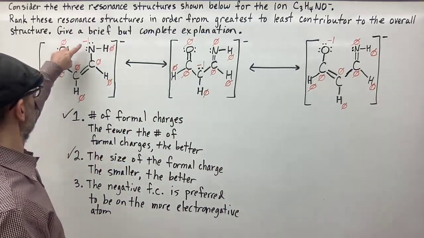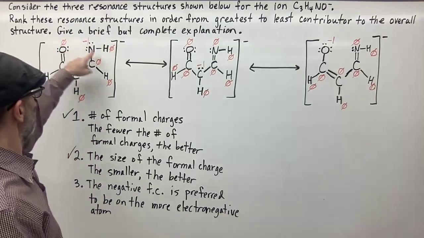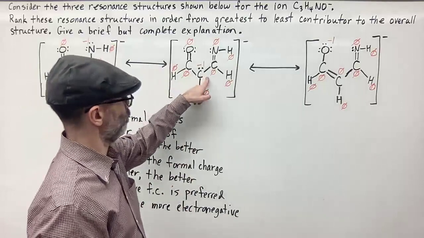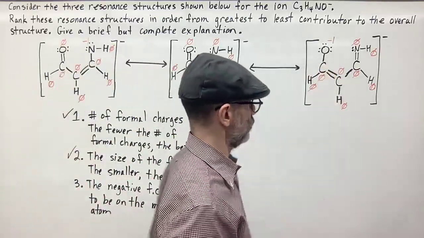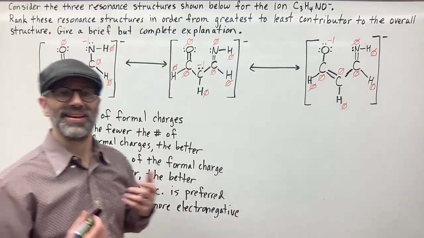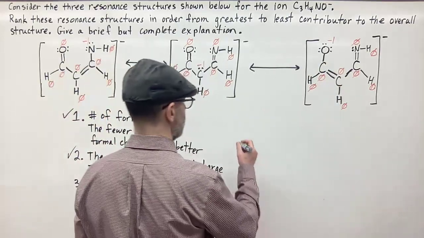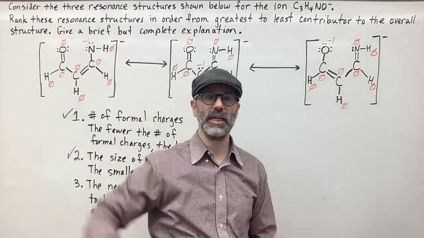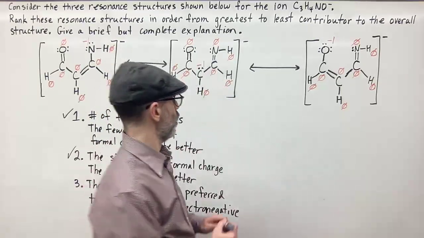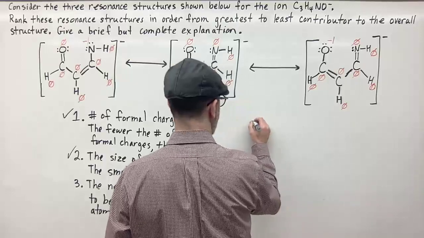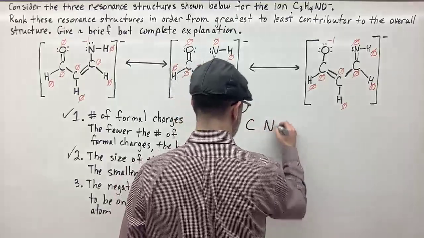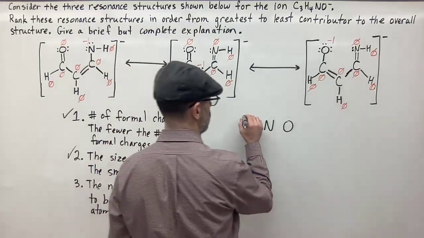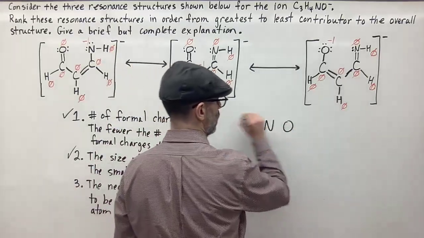So here we have the negative on the nitrogen, right? And here we have it on the carbon, and here we have it on the oxygen. Now, in terms of electronegativity, if you look on your periodic table, remember when you go across from left to right, electronegativity increases. So you have carbon followed by nitrogen followed by oxygen, right? So electronegativity is increasing this way.